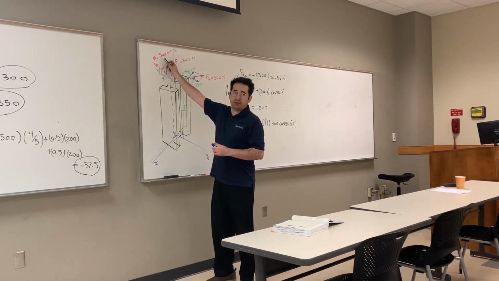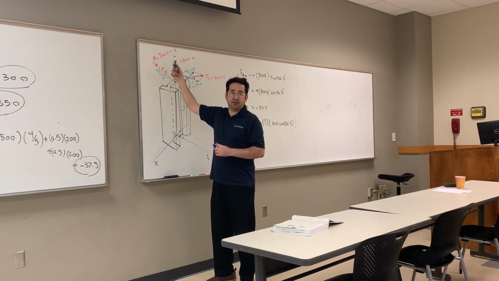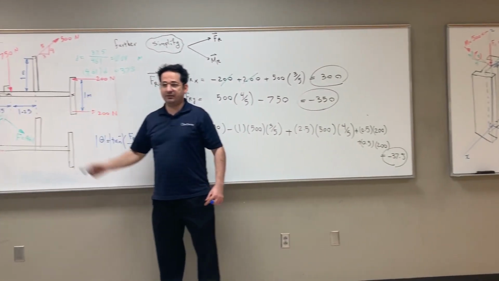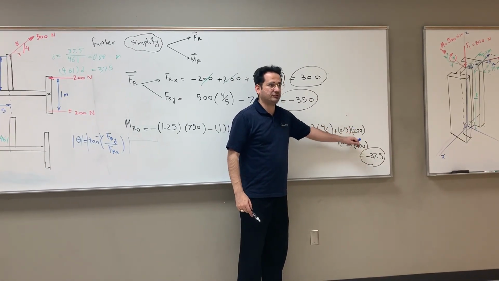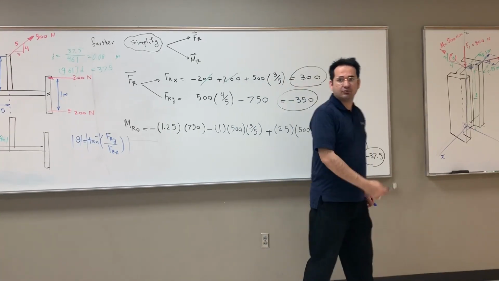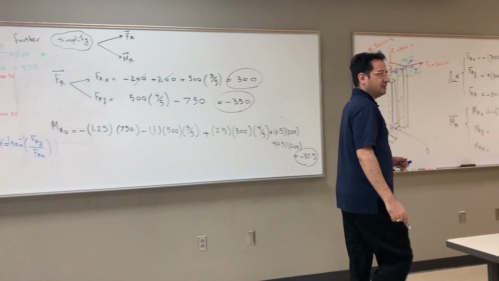We have a couple moment that will be added directly. You don't need a moment arm for this because it's a moment. You see, 200 times, factor out 200 times half plus half, is 1, directly added to the equation.